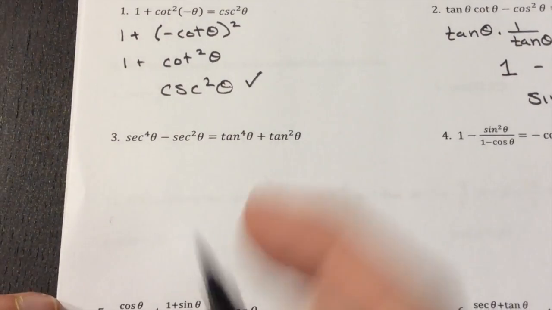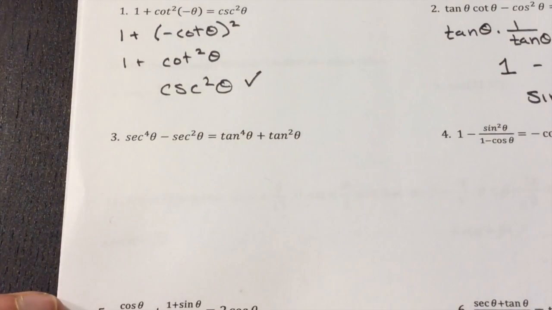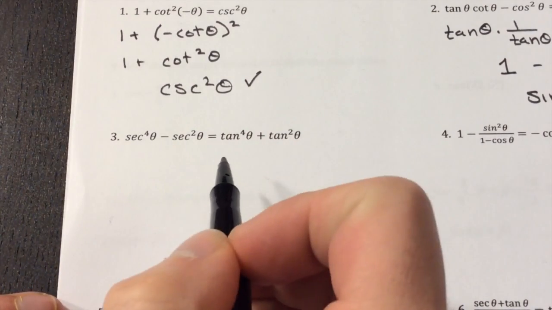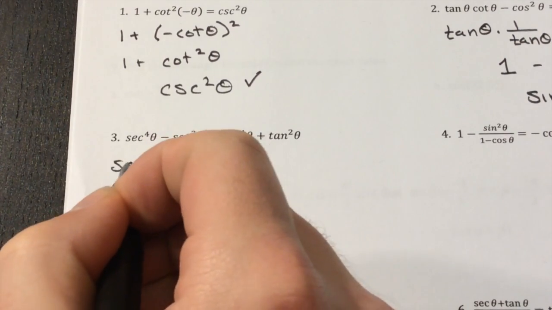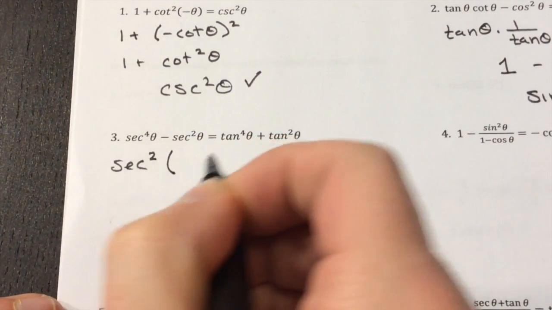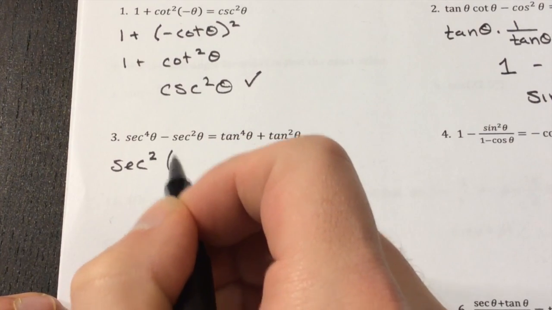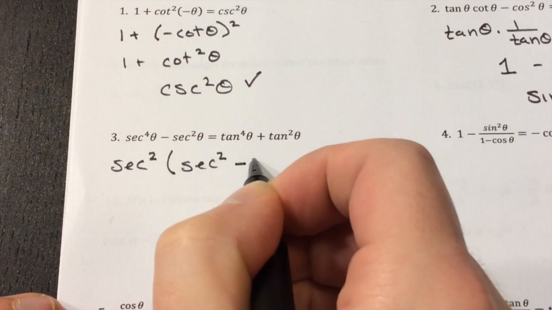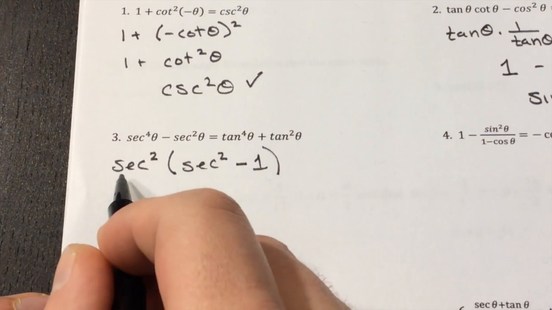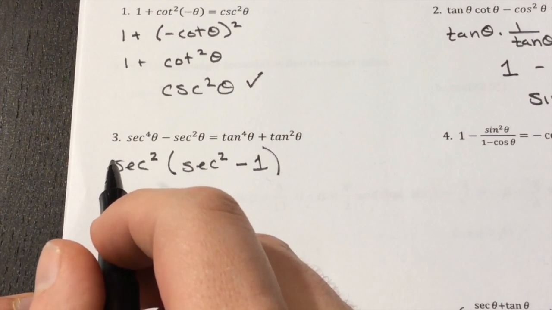Number 3. I want to get this in terms of tangents. So I look at what's common to both of these terms, and I can factor out a secant squared. So that's what I'm going to do. Factor out a secant squared, and for this I'm just not going to write the theta till the end. I'm left with secant squared minus 1. Well, now we go and look at our identity list.